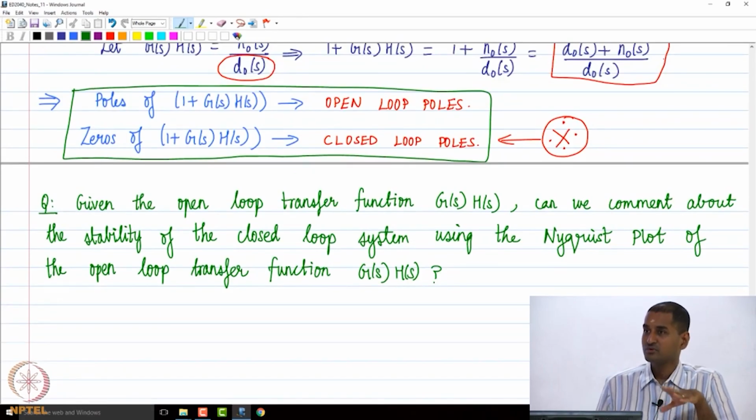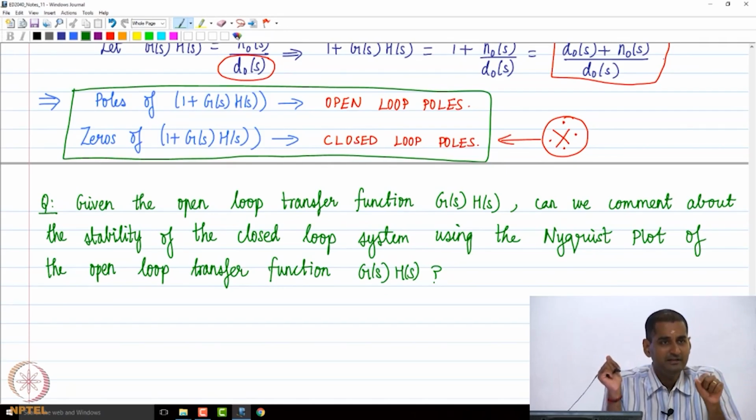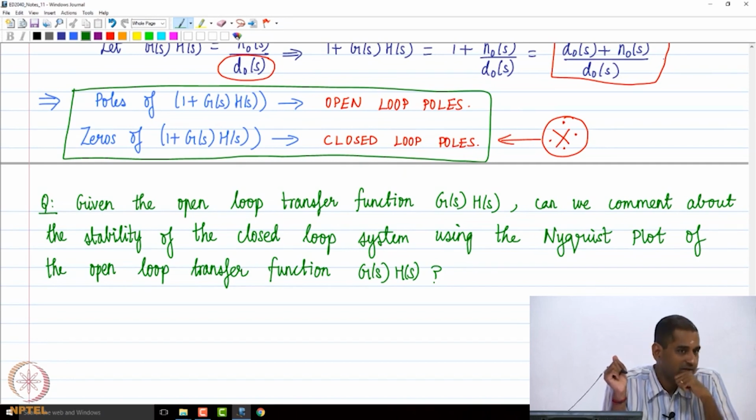Given the open loop transfer function, can we then use the Nyquist plot of G(s)H(s) to comment about the closed loop stability? Of course the answer is yes. That is why we have the Nyquist stability criterion.